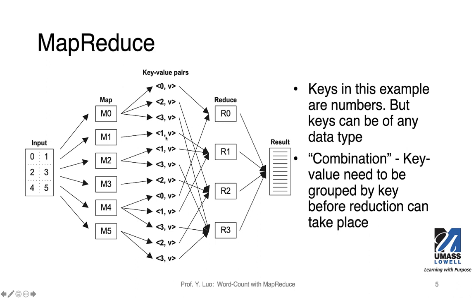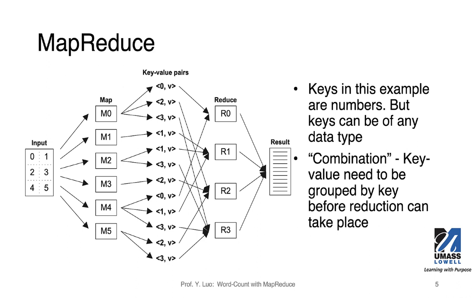And similarly, the key value pairs where key is 1 will be sent to R1, and so on. Each of these reduction processors will compute on the key value pairs where the key matches the ID of the processor. After the reduction phase, these results will be combined to generate the final result.